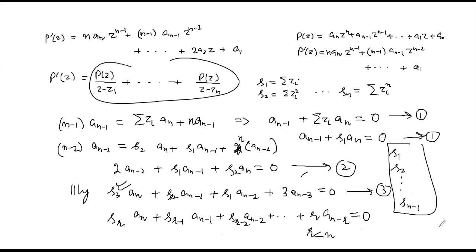The question is, can I find the next one? Can I find Sn plus 1, Sn plus 2? Actually, that is a little easier, in fact. Because if my P of Z is this, look at this. P of Z is an Z raised to power n plus an minus 1 Z raised to power n minus 1 plus so on and so forth, A1Z plus A0.